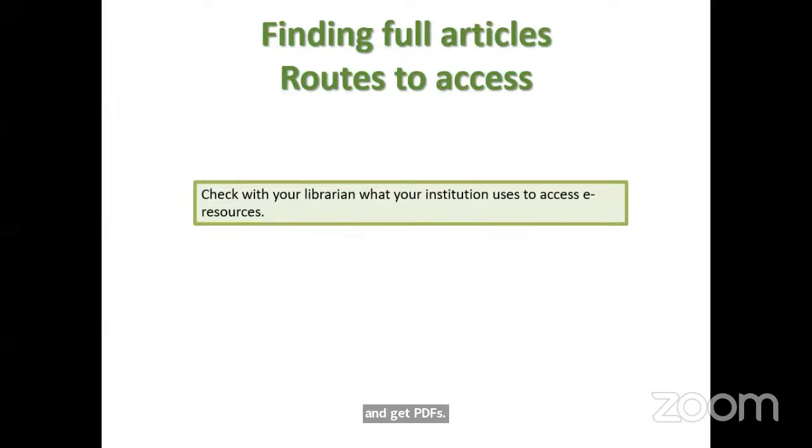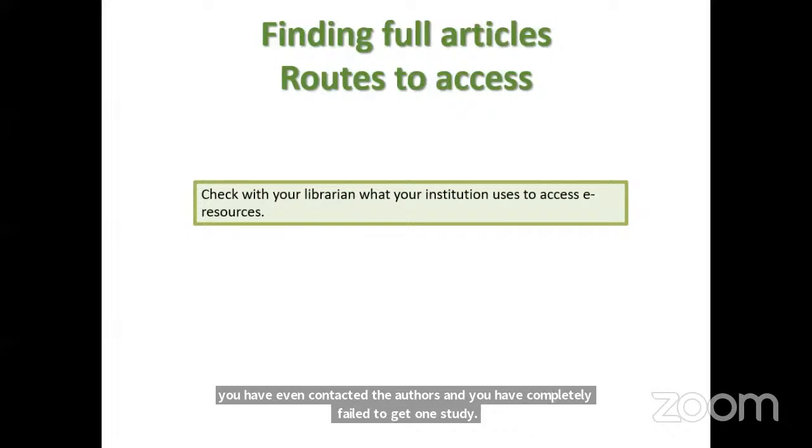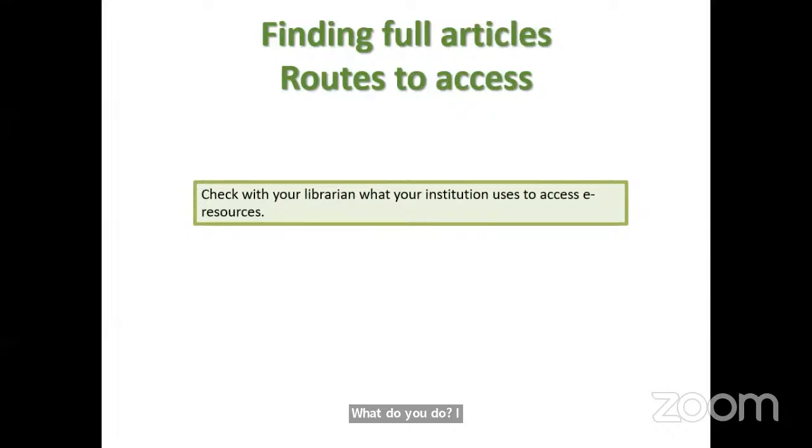But finally, supposing you're going to include 10 studies in your review and you have even contacted the authors and you have completely failed to get one study. What do you do? I think the best thing is to report it in the systematic review, maybe as a limitation: I was not able to access this PDF. Systematic review is about transparency.